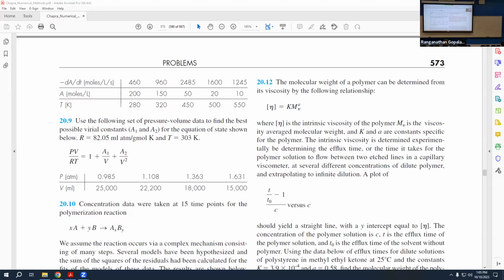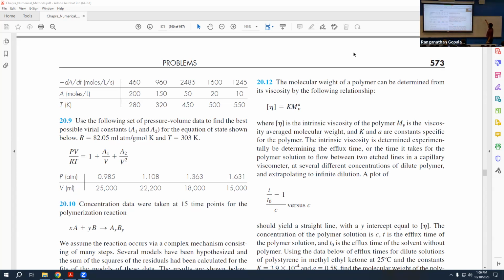All right. So we are going to try problem 20.9, in which we use the following set of pressure volume data to find the best possible coefficients A1 and A2 for the equation of state shown below. R has a known value, temperature is 303 Kelvin, and so what you can think of is PV divided by RT, which is a constant.